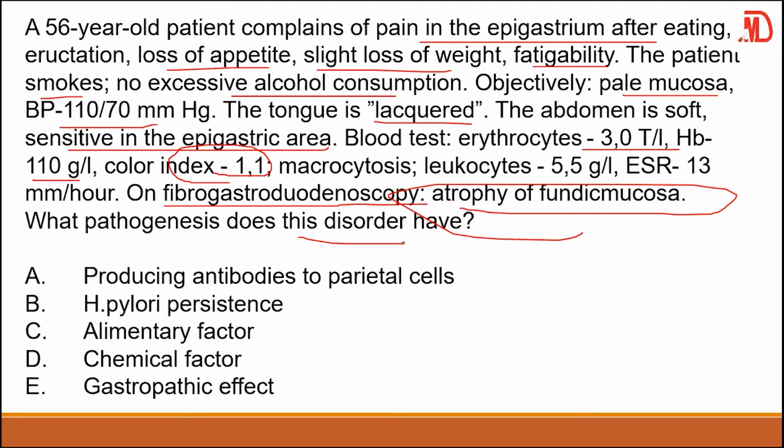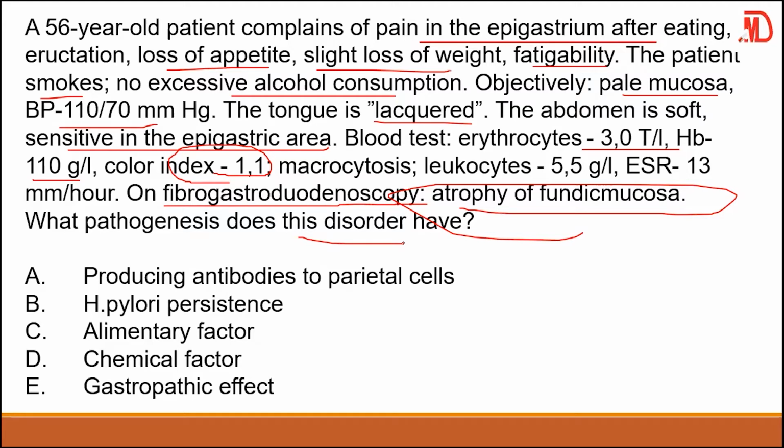And of course, you are thinking of the antibodies that are attacking the parietal cells. And again, this is the reason why the intrinsic factor is not there. As a result, absorption of vitamin B12 becomes deficient. And when that happens, your color index becomes high, or you have hyperchromic, macrocytic anemia because differentiation is impaired.